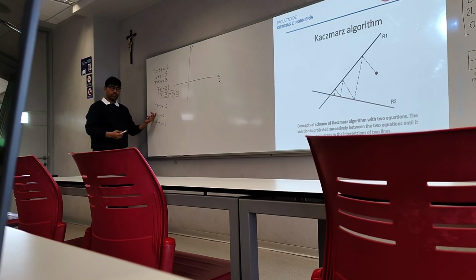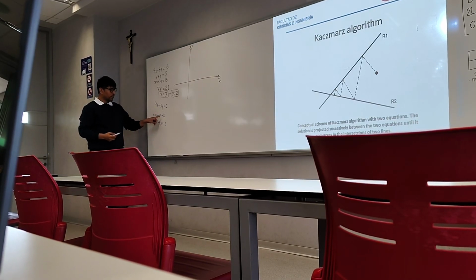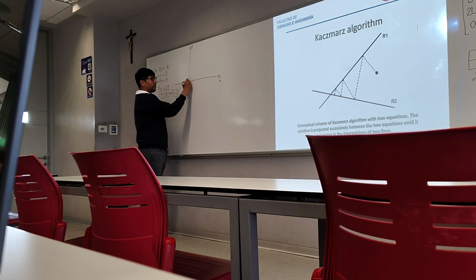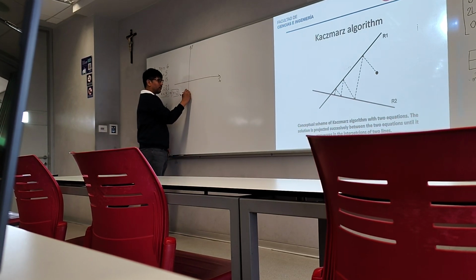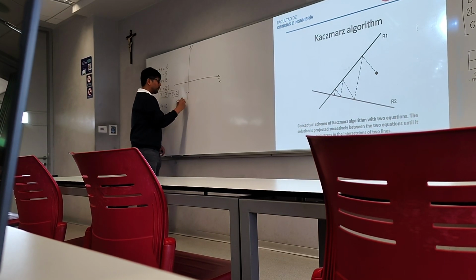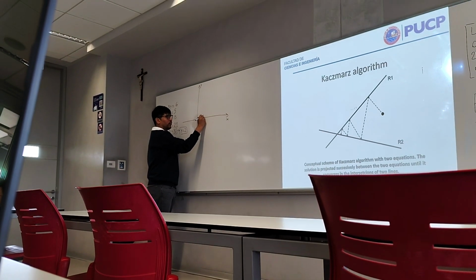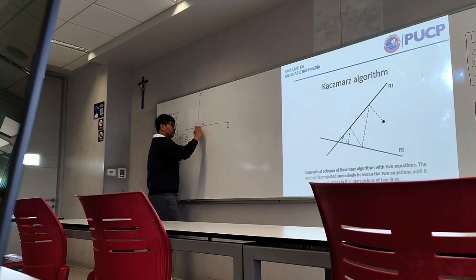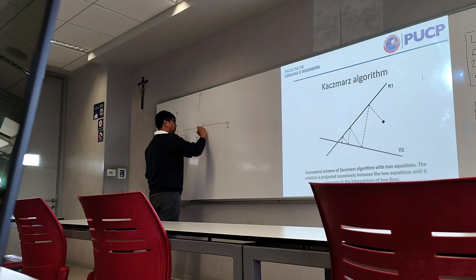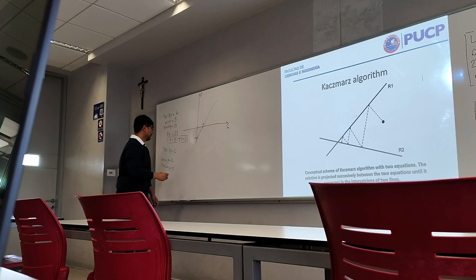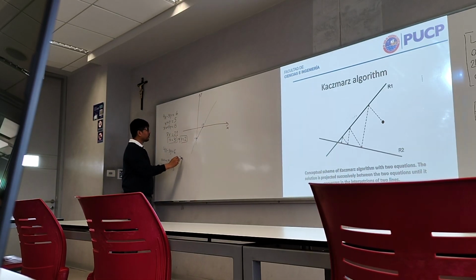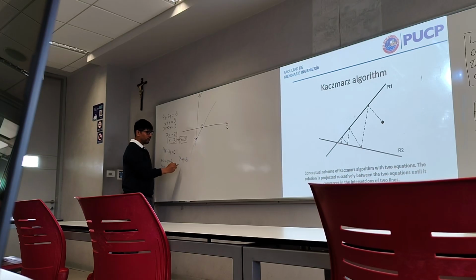Okay, so we have 2 points for this: x is 0, y is minus 2, and y is 0, x is 1.5. So 1.5 is around here when y equals 0. So it means that the line in this case will be this. Okay, good. The other is x plus y equals 5.